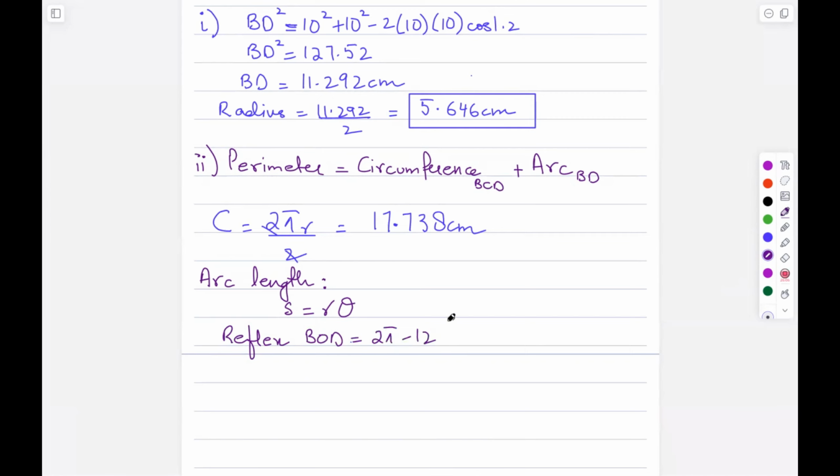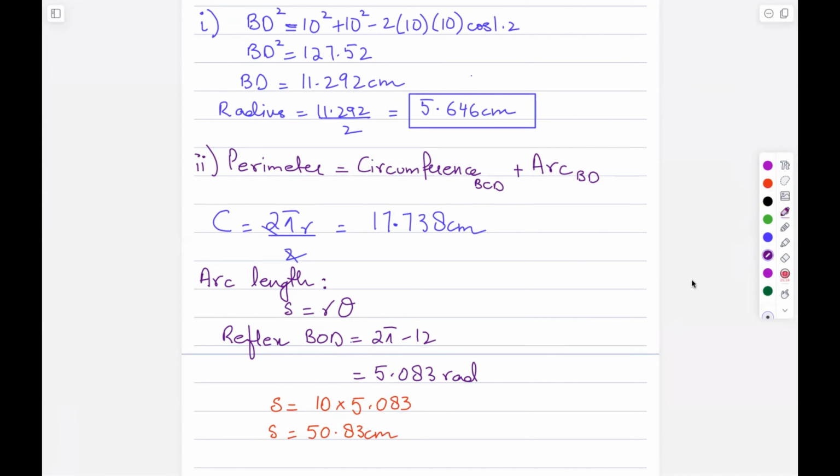So 2 pi minus 1.2 will be 5.083. So the angle is 5.083 radians. Multiplying it with the radius, we know that the radius is 10 in the question. So the arc length will be 10 multiplied by 5.083, so the arc length will be 50.83 centimeters.